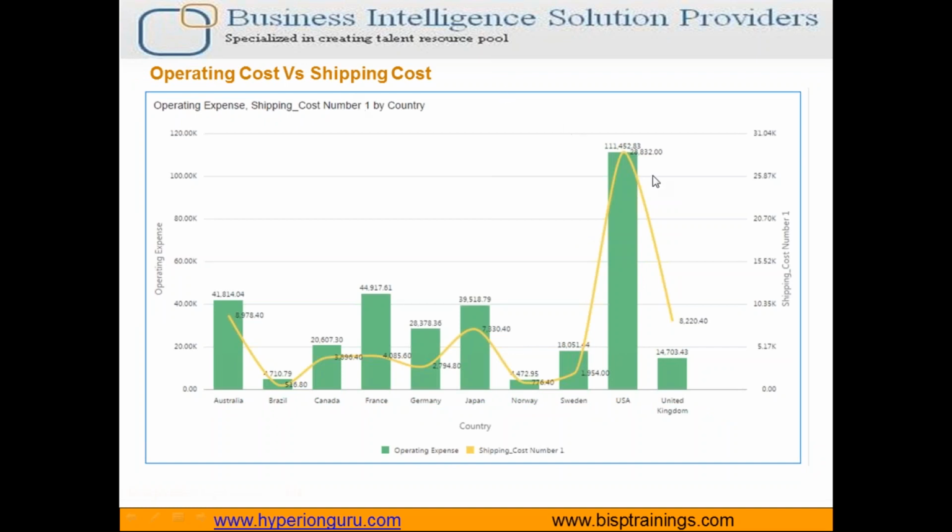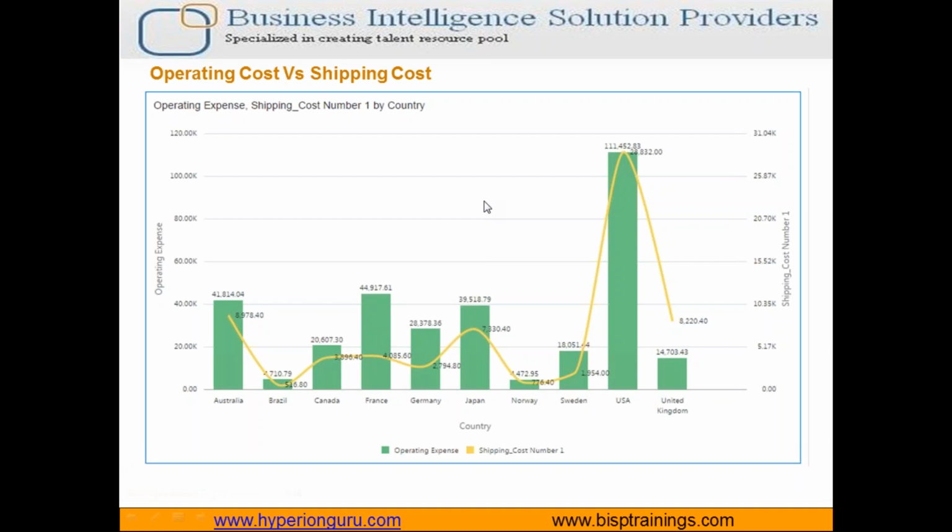In the second part of our presentation, I'm going to use a dual axis chart. So we have operating expense on one axis and shipping cost on another axis, and I'm trying to visualize this. A dual axis chart makes sense when you use two measures where there is no direct relationship. Probably use employee salary and employee age. If you plot employee salary and employee age on the same scale, the data visualization may not be meaningful.